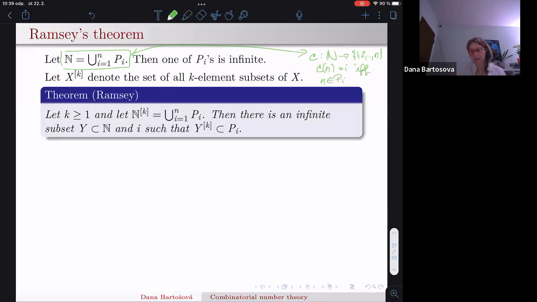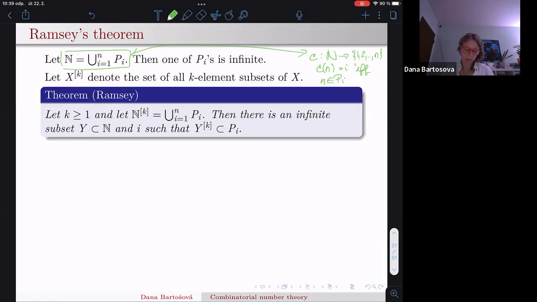And if I have a coloring, I can look at pre-images of the colors, and I'm going to get a partition of natural numbers. Okay, so I can go back and forth. If my P_i's are not disjoint to start with, I can disjointify them and everything works the same. So really, these are the same notions.